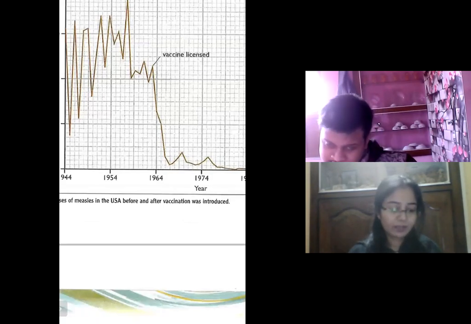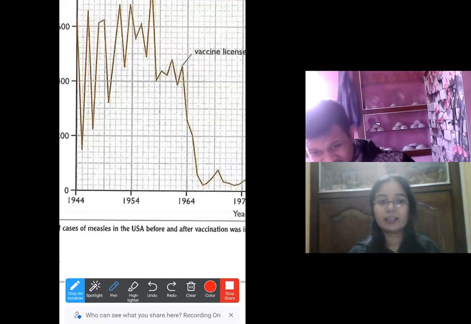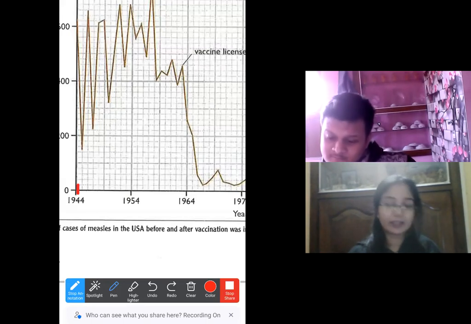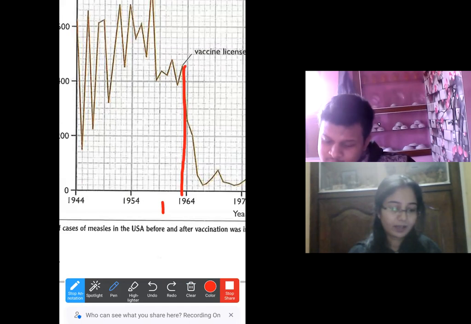So how did we get 1963? You can see 1944 to 1954 is 10 years, so 10 boxes indicate 10 years. That means each small box indicates 1 year. Here you can see 460 cases, it will be 1963.